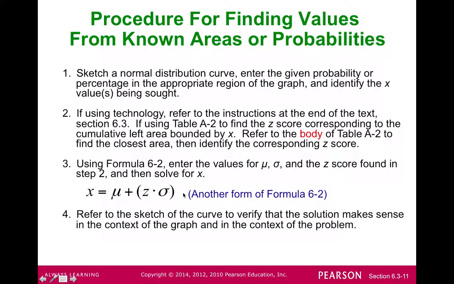Now, granted, you could use the other formula, but you'd have to move around the variables to be able to solve for x. And for some of us, that may be a challenge, moving around variables consistently and feeling confident that we've done it correctly. It's better to just write down this formula. So our x is going to equal our mean plus our z times our standard deviation. So again, this is just another version of the same formula.